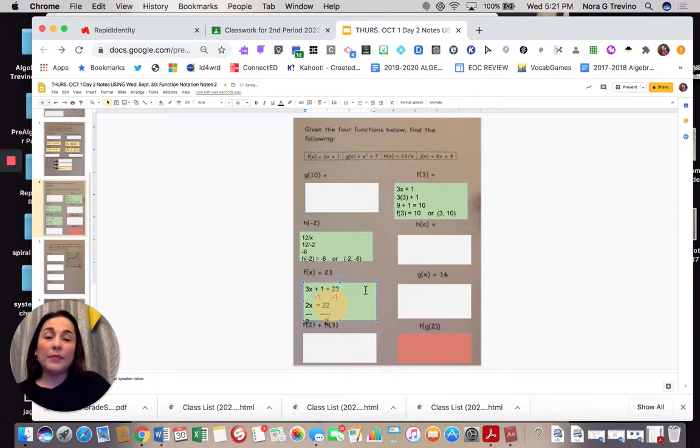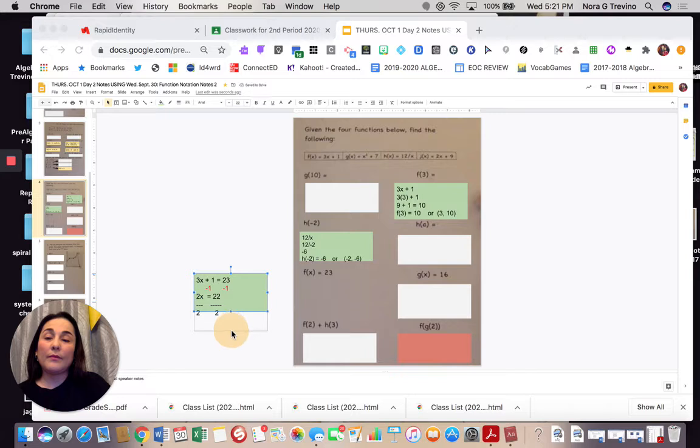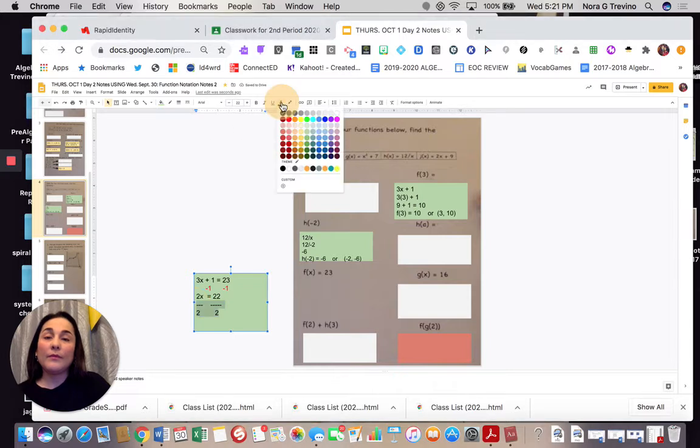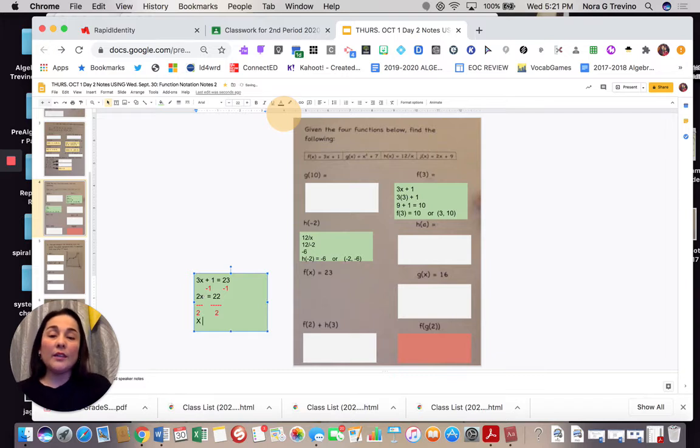Let me move it so you can see it. If I divide 3x by 3, I'm left with x equals, and then 22 divided by 2 is 11.